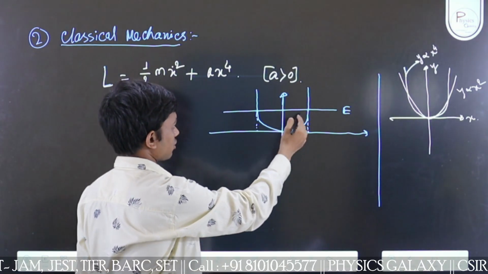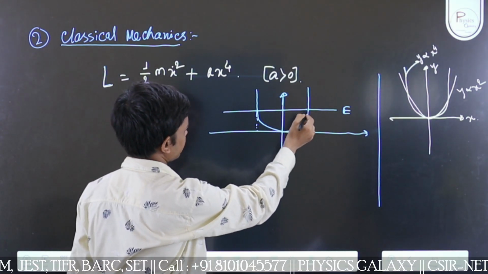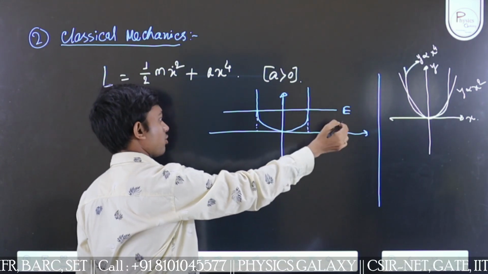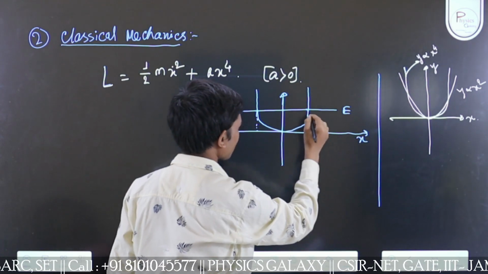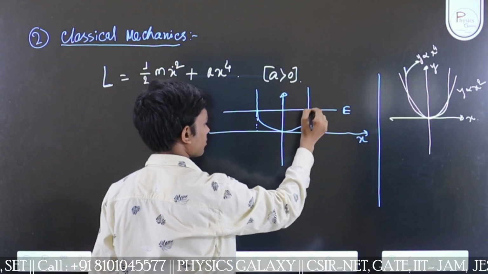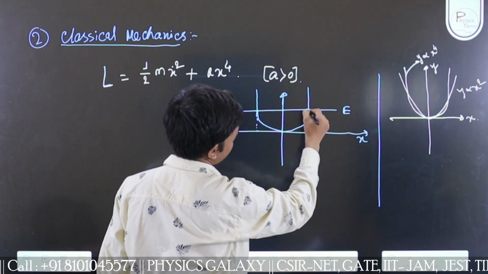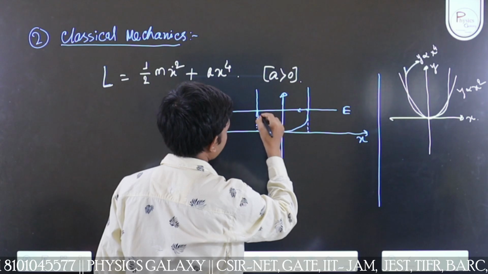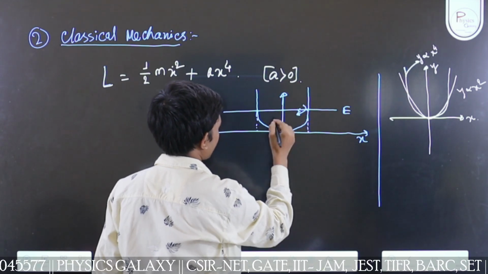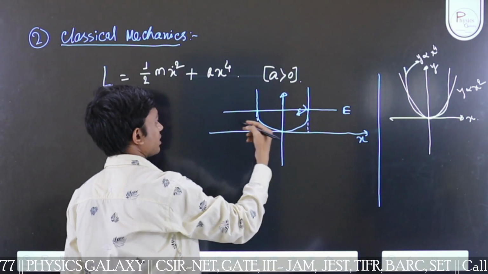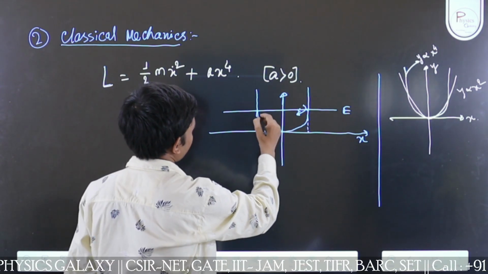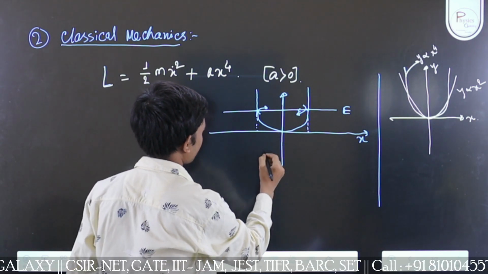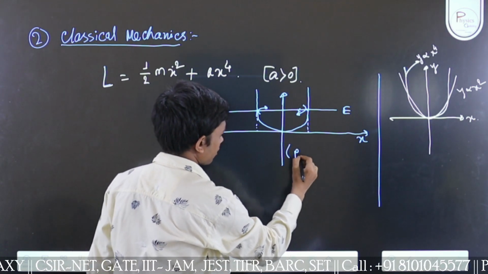The motion is confined. When the particle moves toward the positive x direction and reaches that point, it returns and moves in the minus x direction, and at that point it also returns, and it performs a periodic motion.